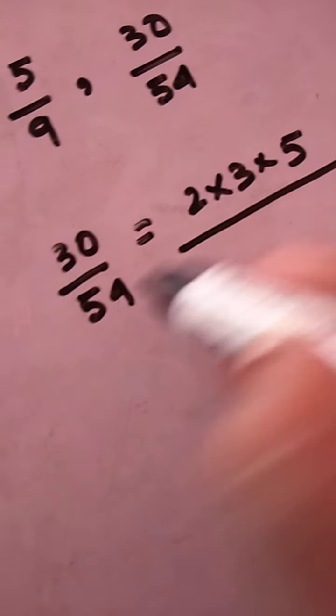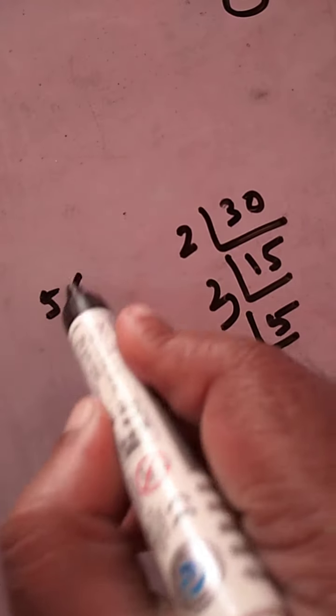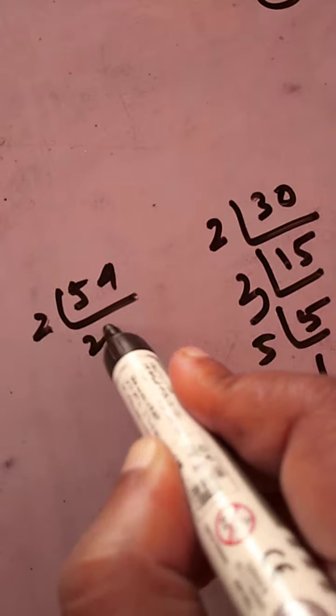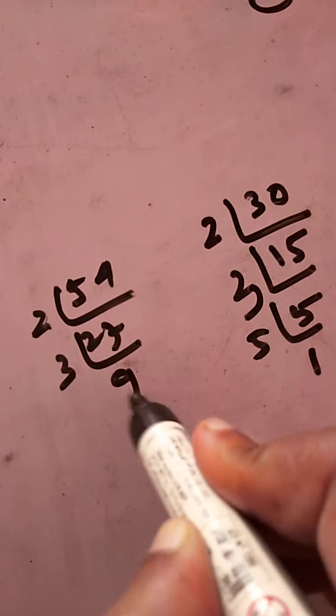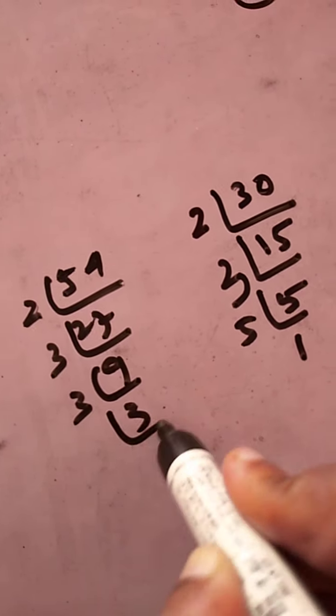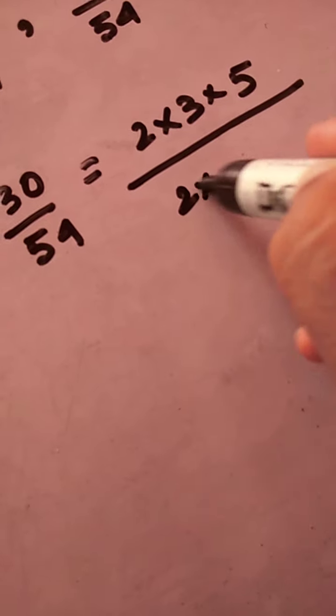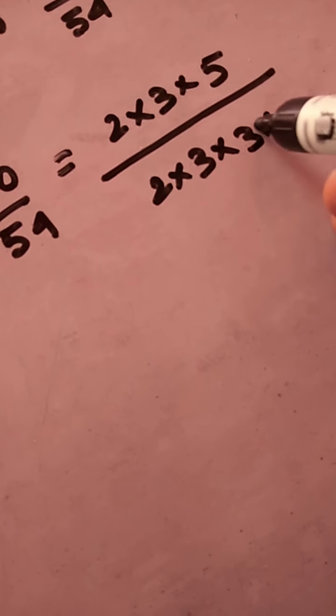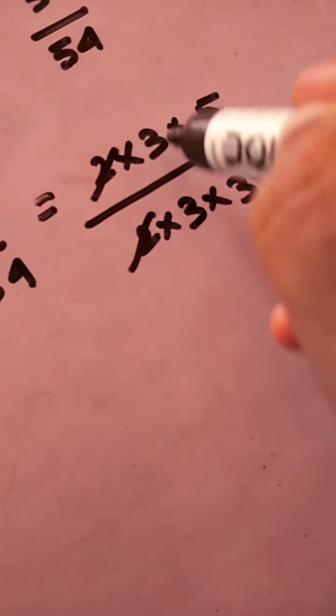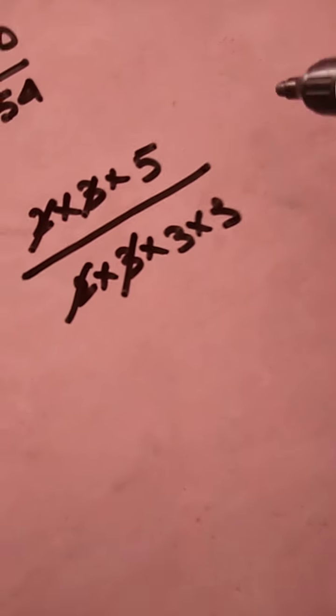Now similarly we'll do the same with 54: 2 27s are 54, 3 9s are 27, 3 3s are 9, 3 1s are 3. So in place of 54 we can write 2 into 3 into 3 into 3. Now let's reduce this. These are two similar numbers, reduce them. These are two similar numbers, reduce them. Now what is the final answer?